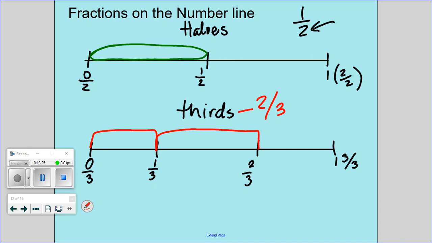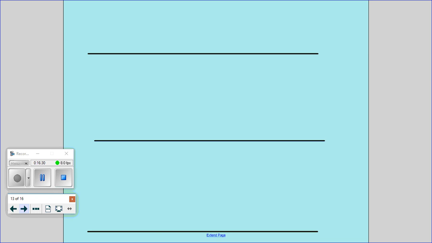Alright, let's go to fourths. We're on a roll. Same deal, draw your number line, nice and straight. And let's get our endpoints down. 0 and 1.